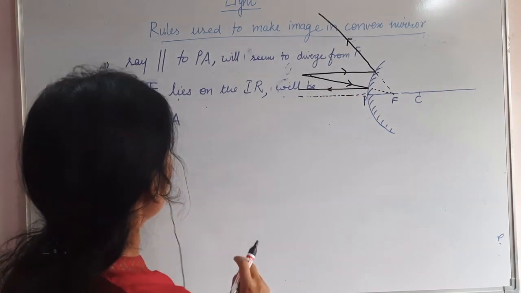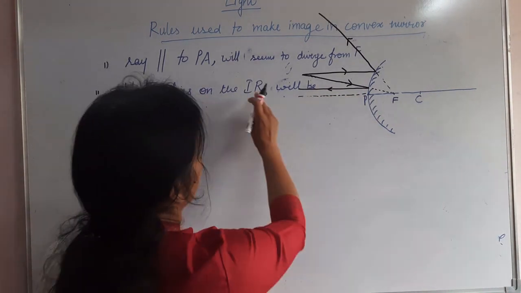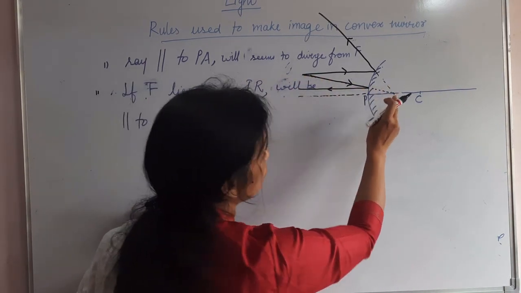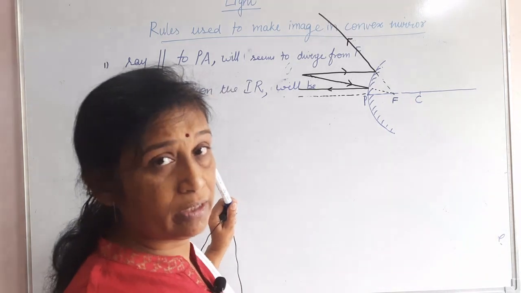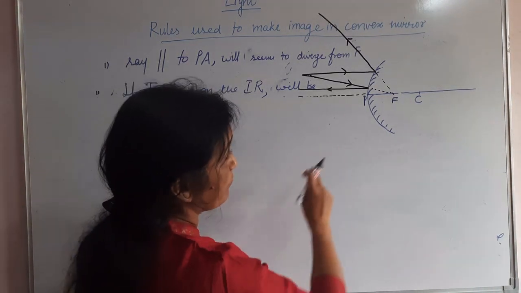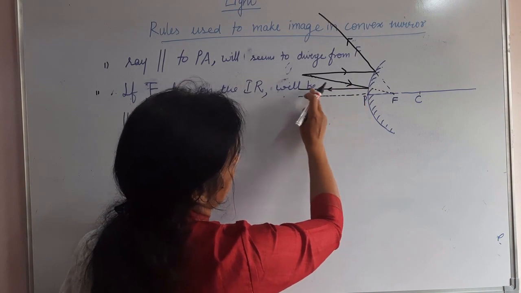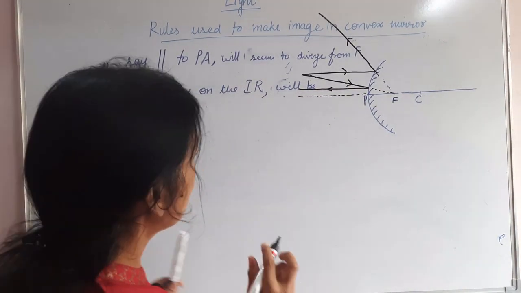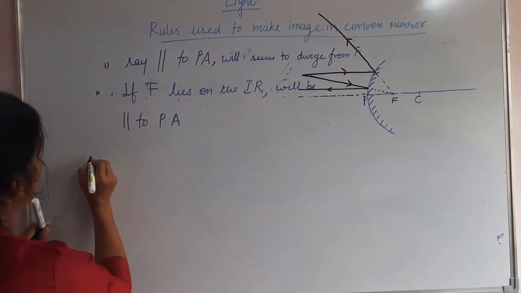So if F lies on the incident ray, this is the incident ray, and if I extend it, yes, it is passing through the focus only. It means F is lying on this incident ray. Then after reflection, such rays would be parallel to the principal axis. Okay. Let's use the third rule.